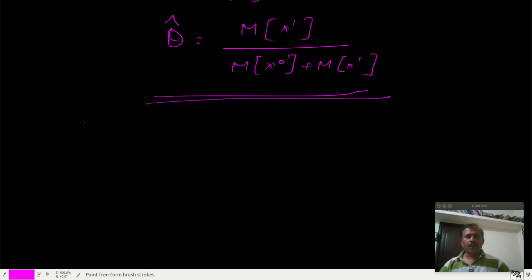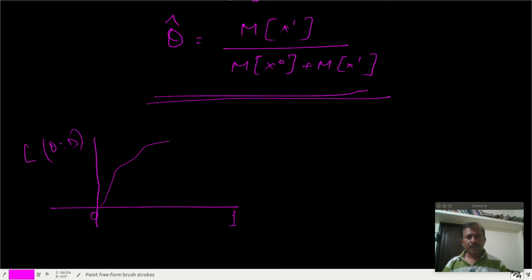This is the optimized parameter that we were trying to find out. If you plot the log likelihood or likelihood function against the probability values, which are from 0 to 1, it will look something like this, a smooth curve.